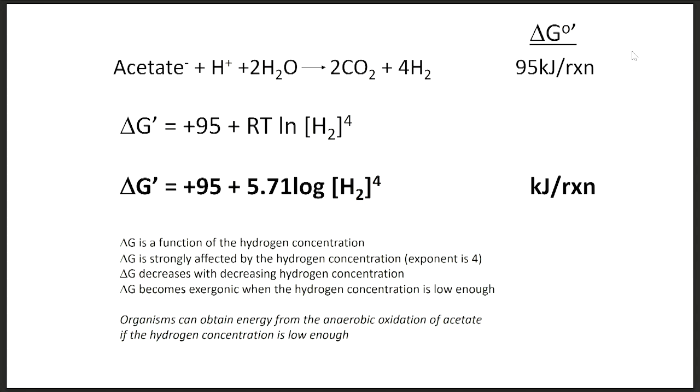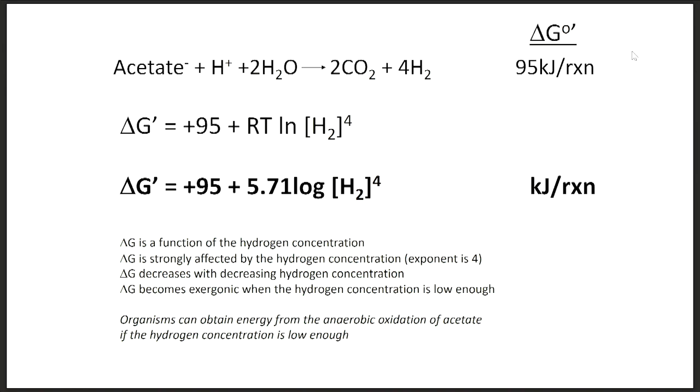So that means that as a function of the hydrogen concentration, the delta G is 95, plus RT ln, hydrogen to the power 4, and RT ln is 5.71. So what I just said is delta G is a function of the hydrogen concentration, which makes perfect sense. It's strongly affected by the hydrogen concentration because the exponent is 4, so it's really sensitive to the hydrogen concentration.